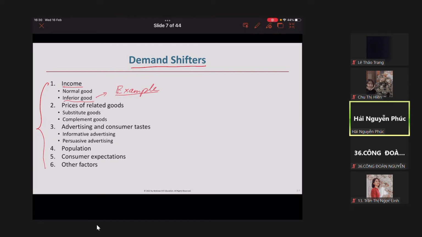There are quite a lot of examples in real life of inferior goods. Maybe store brand. What? Once again, please. What kind of goods?